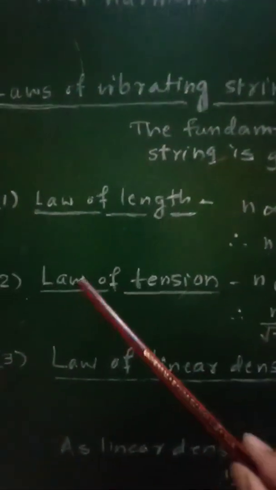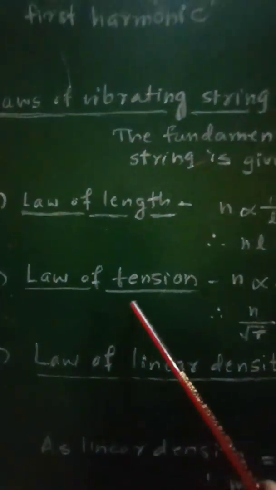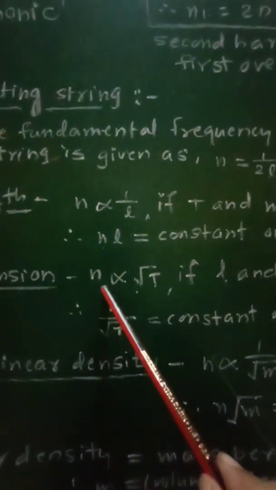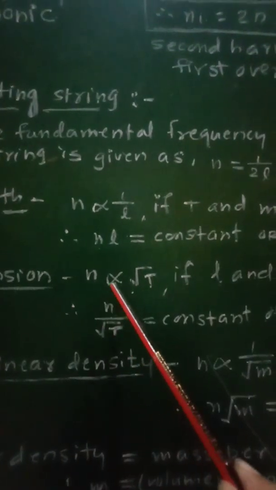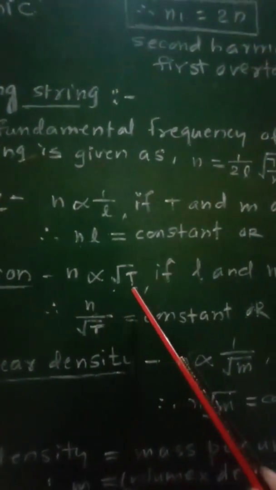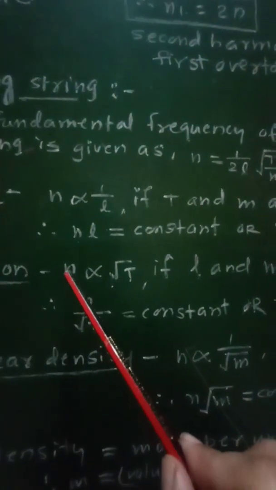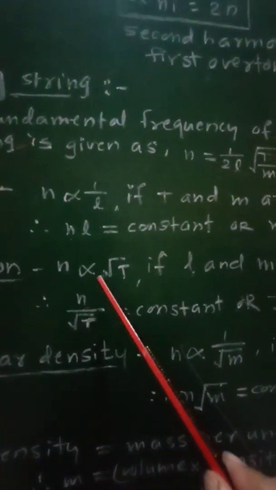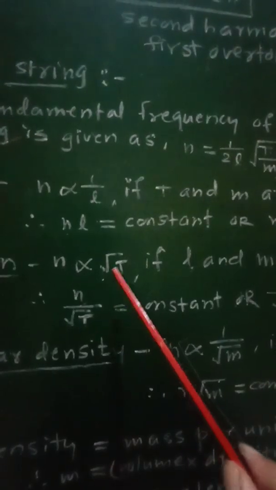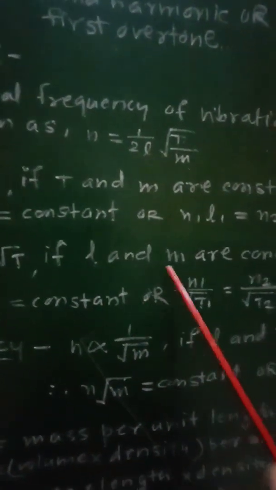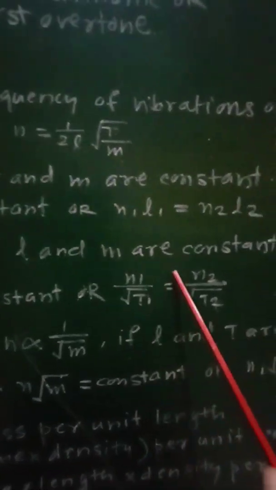Then let us consider second law, that is law of tension. It will be stated as the fundamental frequency of vibrating string is directly proportional to square root of tension in the string if the vibrating length L and the mass per unit length M are constant.